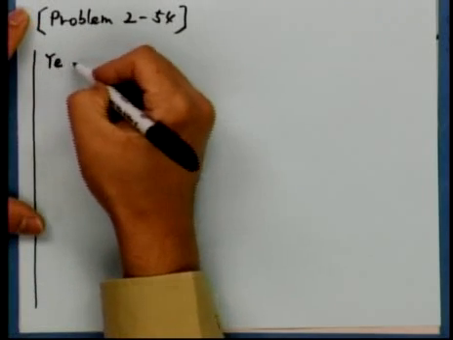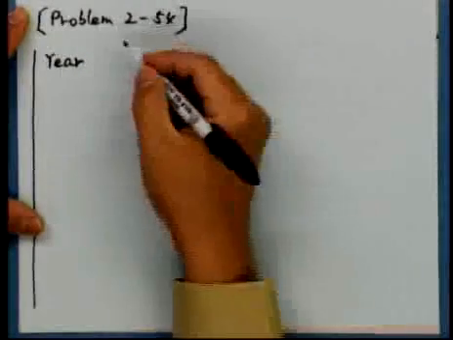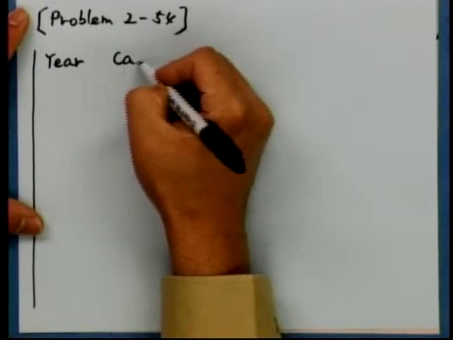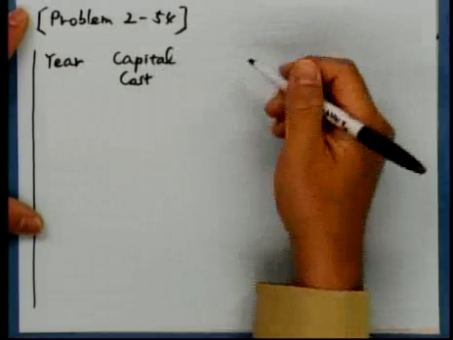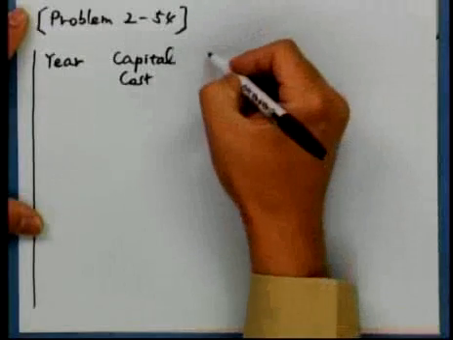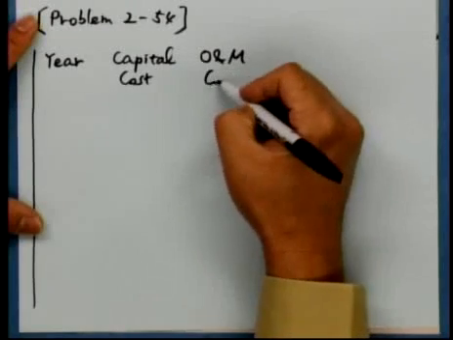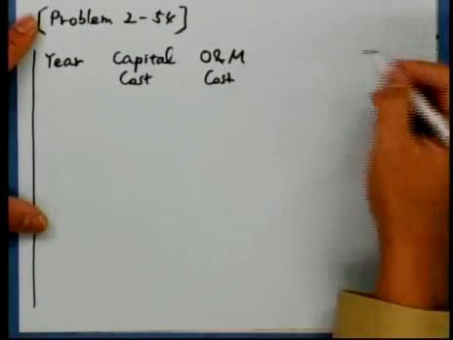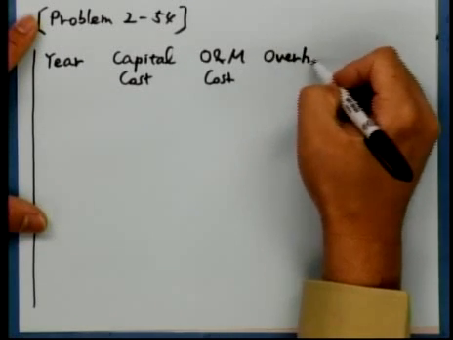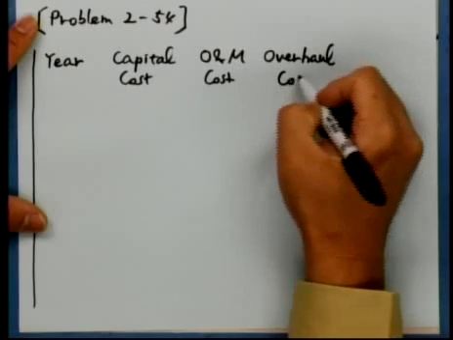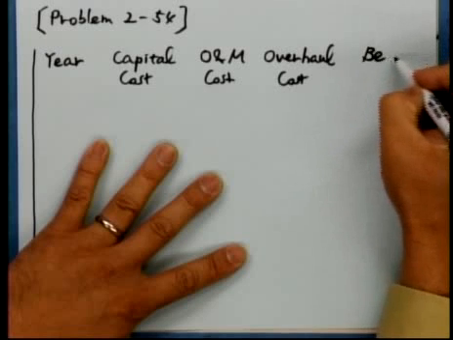First column is the year. Second column is, let's call it capital cost. And the third column is the maintenance cost, operation and maintenance cost. And next column is the overhaul cost.